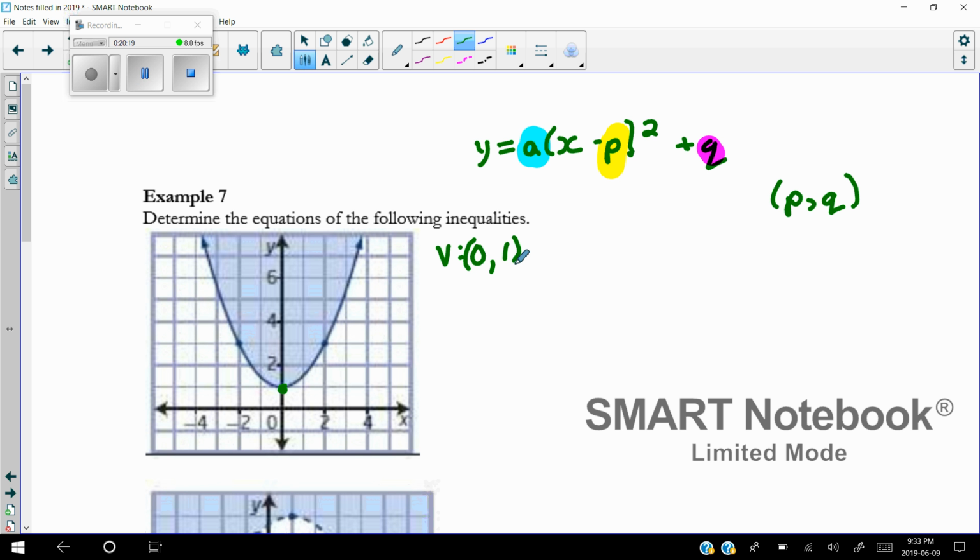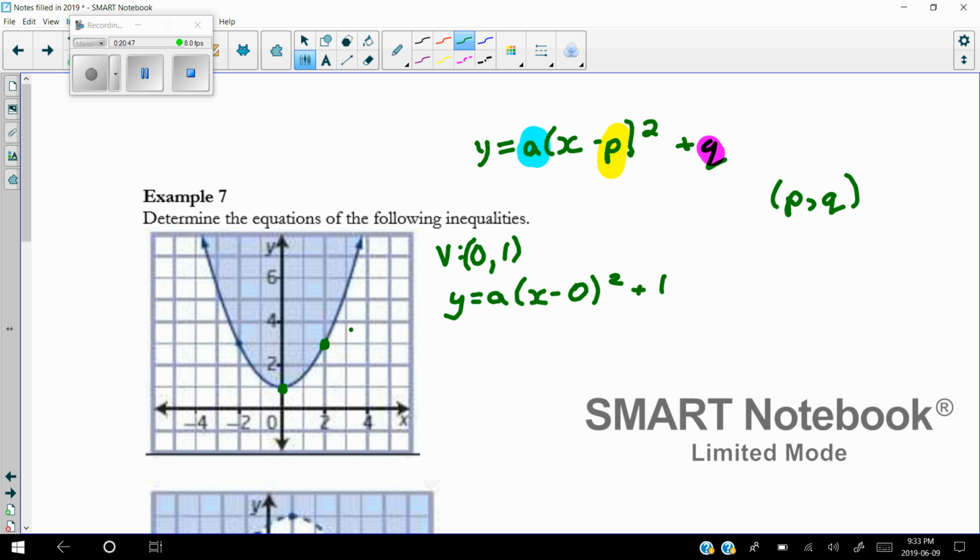And that helps us create our equation. So we get y is equal to a, we don't know yet, (x minus 0) squared plus 1. Okay, we need to now find out what a equals because we haven't figured that out yet. So I am going to plug in a point.